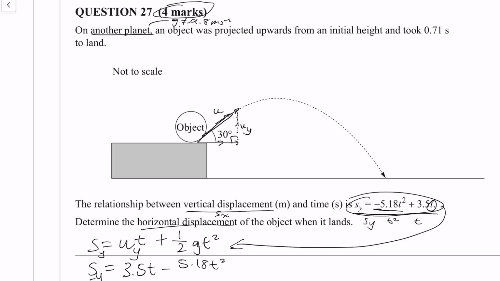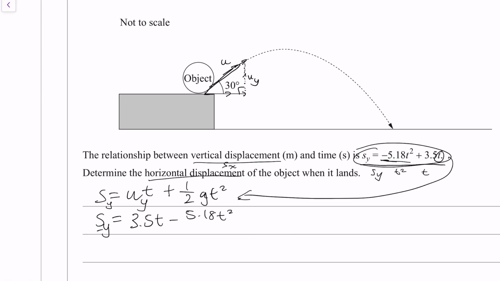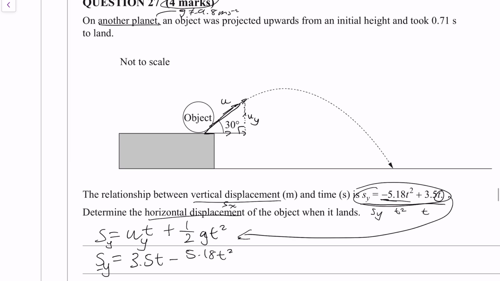So this is my u, which is the initial velocity of the object as it's projected from this initial height. And once I know that, I know that I have a ux and a uy to break into right angle triangles, right?